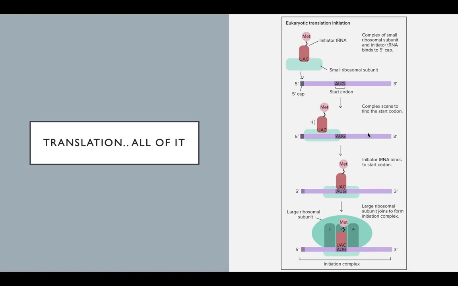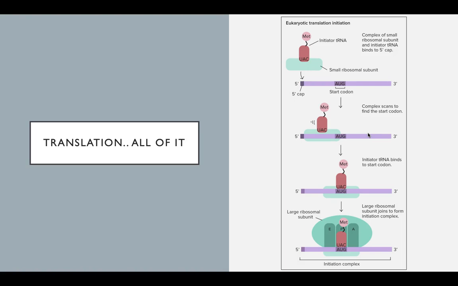So, once the large ribosomal unit joins the complex, the initiator tRNA carrying a methionine will join the P site. It is important to note that the initiator tRNA is the only tRNA that can bypass the A site and directly enter the ribosome P site.